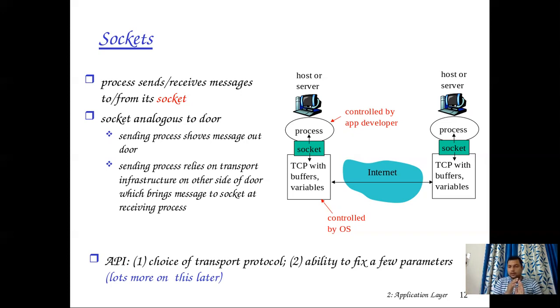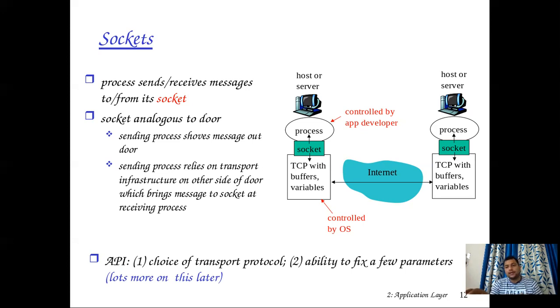So whenever you have to send a message, you make a message, you wrap it up, and then you just open your door and pass it to the next of your door. From there onwards, the job of the transport layer comes into the picture.